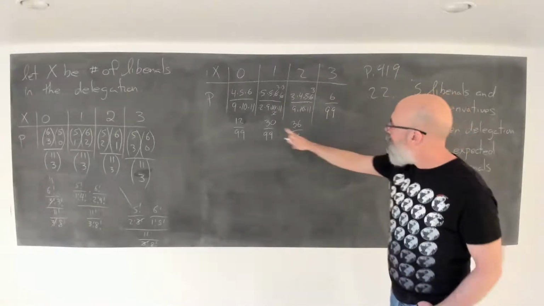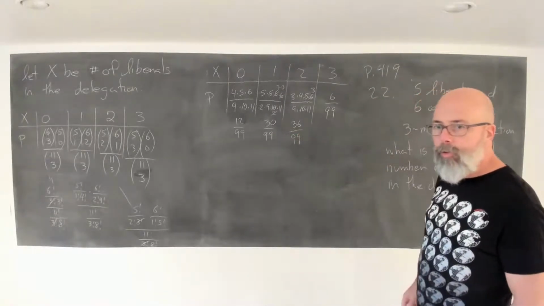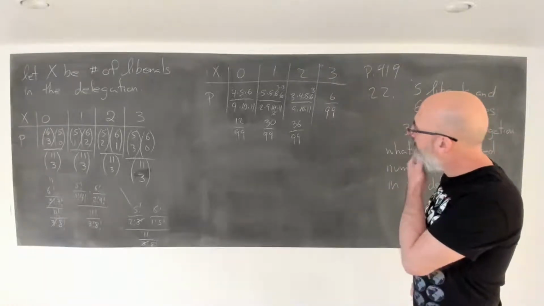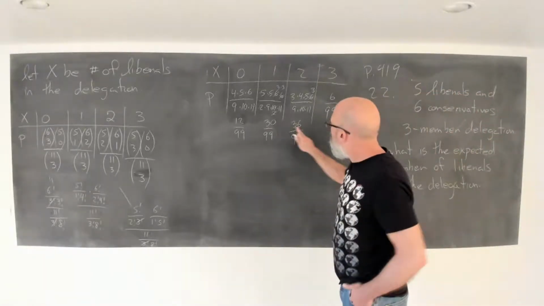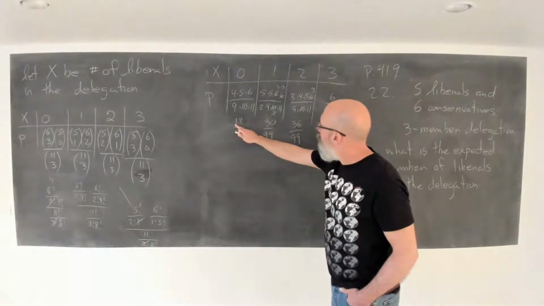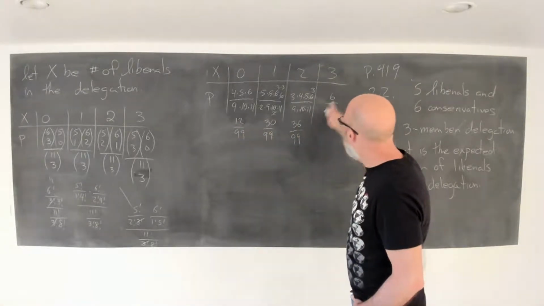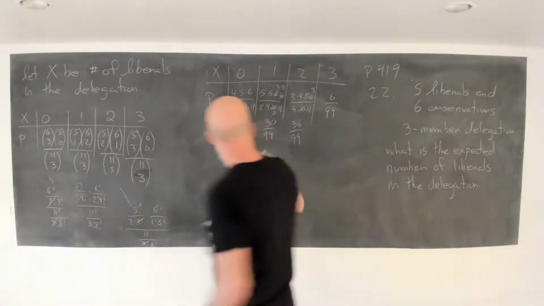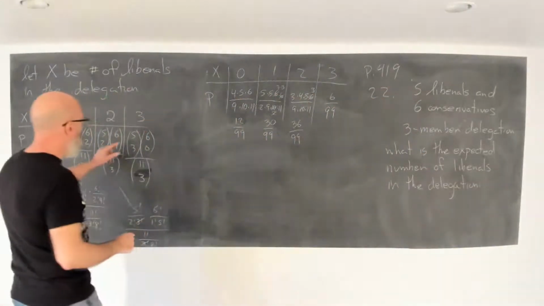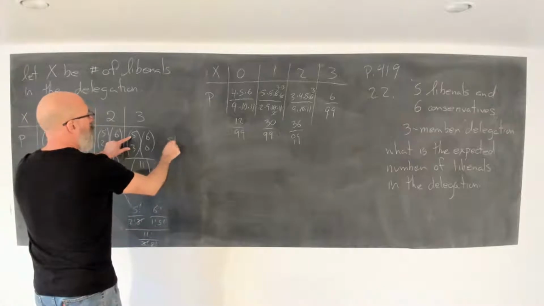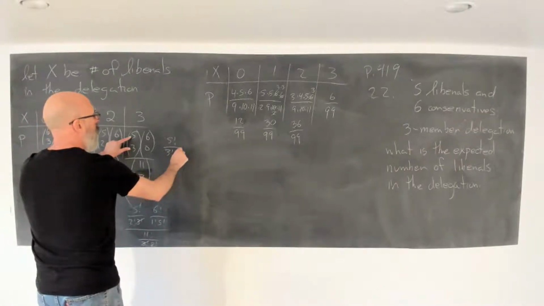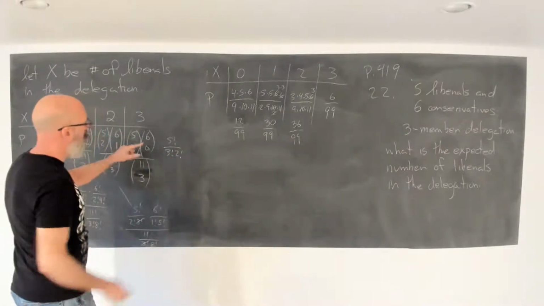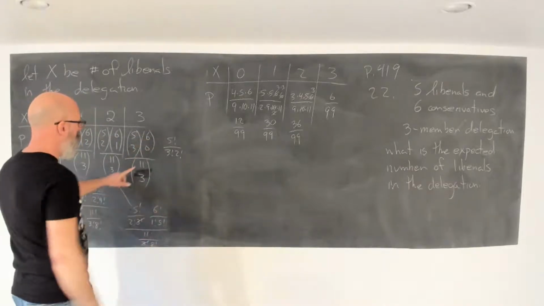Let's make sure that these add up to 1: 66, 76, 77, 78. I think we're slightly short here. Let's see that last one. I could have made a mistake somewhere else. 5 factorial over 3 factorial, 2 factorial, 6, this is just 1.